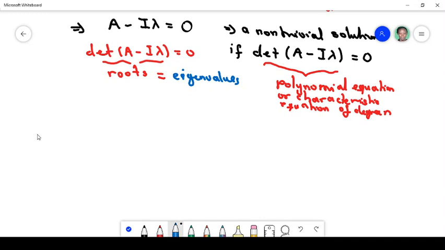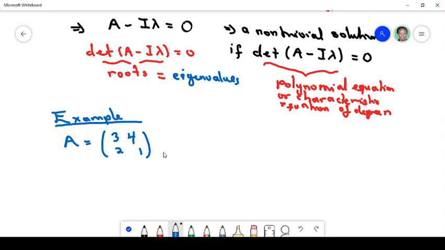Let's take an example. We want to find the eigenvalues of the matrix A, which is equal to 3, 4, 2, and 1. How do I find the eigenvalues of this matrix?